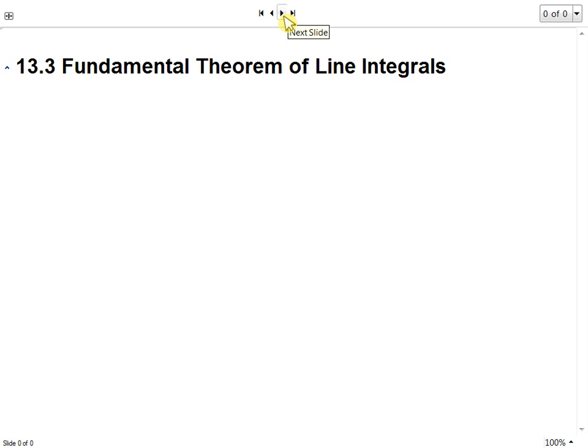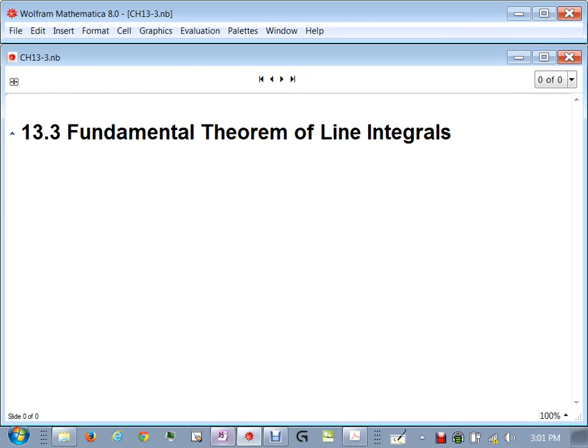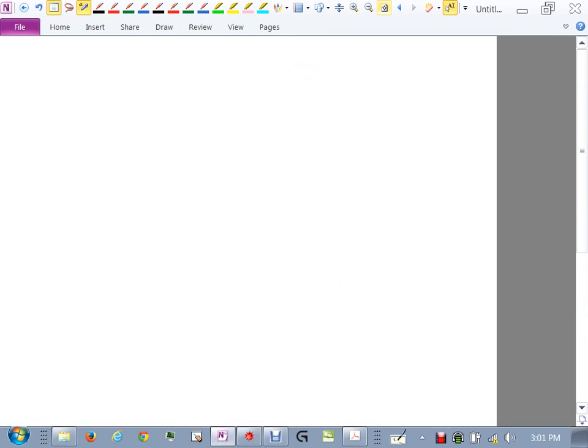So do you remember, there's a couple of fundamental theorems in math. There's the fundamental theorem of calculus. Do you remember the fundamental theorem of calculus? There's two versions of it, but the one that most people remember is this one.